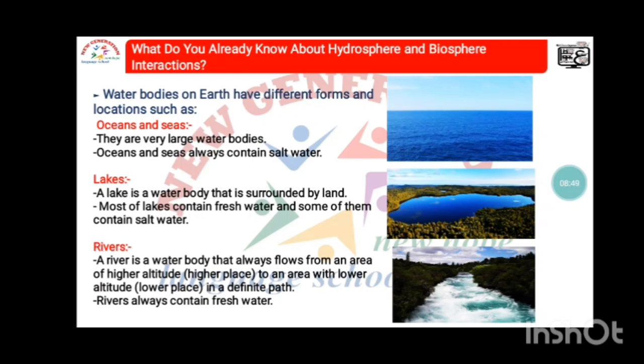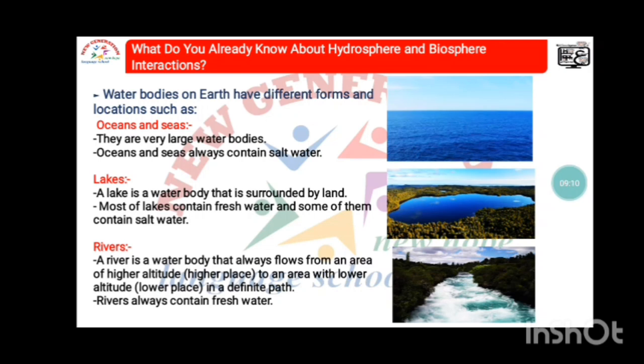Okay, what do you already know about hydrosphere and biosphere interactions, or how the hydrosphere interacts with the biosphere? At first, water bodies on Earth have different forms and locations.